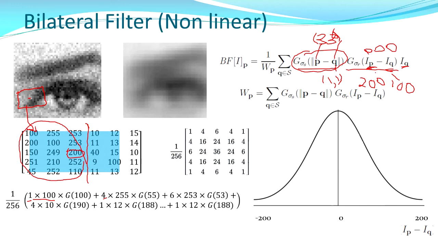So this is going into another Gaussian, this curve that I've drawn over here. For the first case, IP minus IQ is 100, 200 minus 100 is 100. So G of 100 will be somewhere over here.